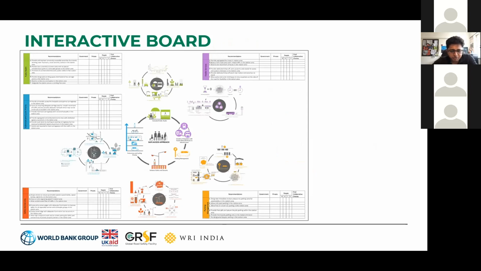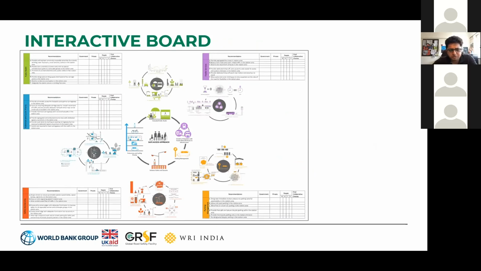Just to give you a brief understanding of the components of this exercise. Firstly, we have something called an interactive board, which consists of these 5 principles in the center, and then each color table which you see has listed down a set of strategies for that respective principle, and similarly the infographic also explains those particular strategies.